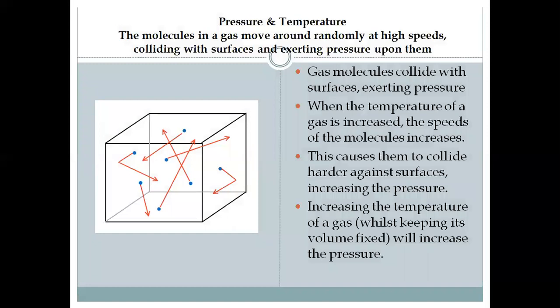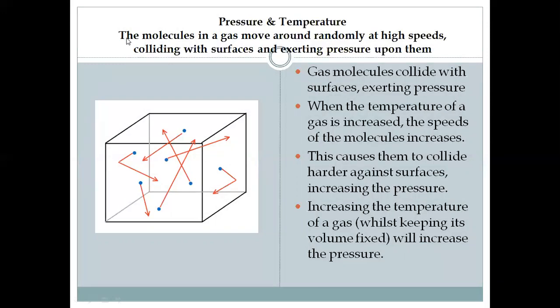Now, pressure and temperature. We said that the molecules in a gas move around randomly at a high speed, colliding with surfaces and exerting pressure upon them. Gas molecules collide with surfaces, exerting a pressure.